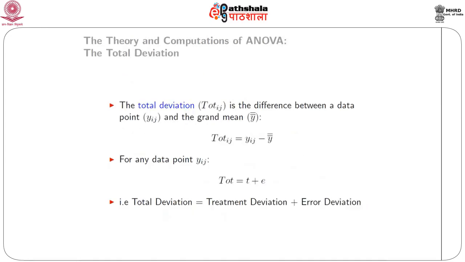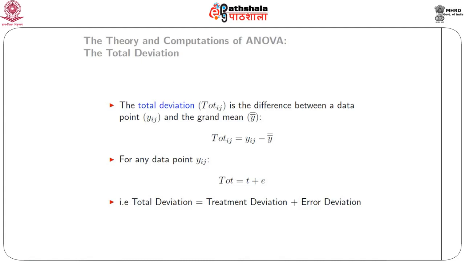Now, we define a quantity called total deviation, which we shall write tot ij. Tot ij means difference between a data point and the grand mean, yij minus y bar bar. You understand that if there are two subscripts, then we can write the overall mean as y bar bar. If there are three subscripts, we have to write y bar bar bar.